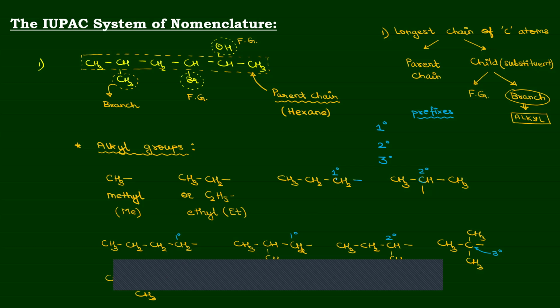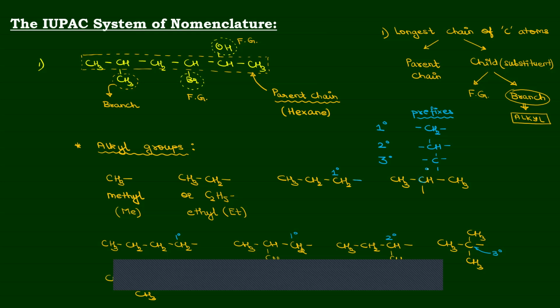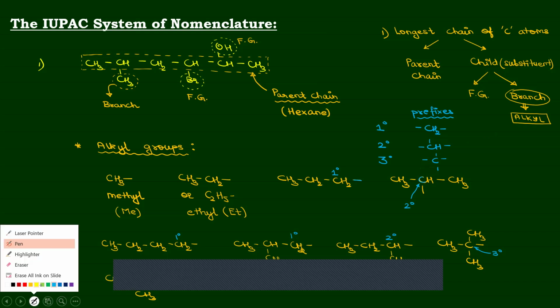Now if you observe all the primaries, there is a common observation: a primary is always a CH2 carbon, a secondary carbon is always a CH, and a tertiary is C. So that is a simple way to identify the type of carbon.